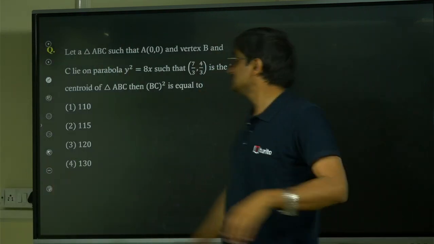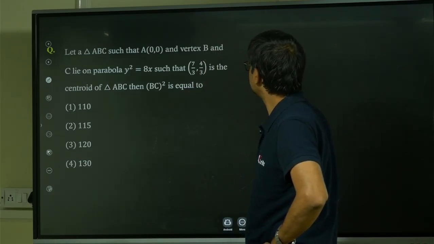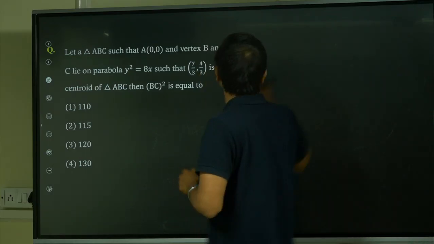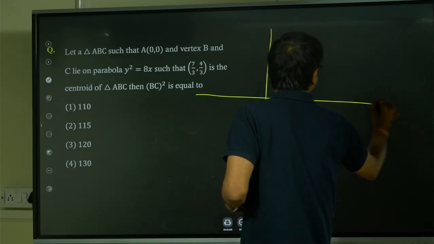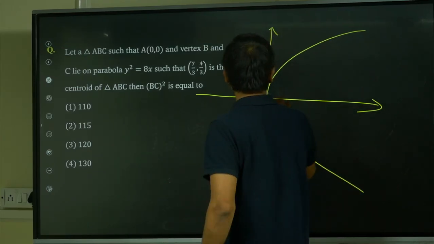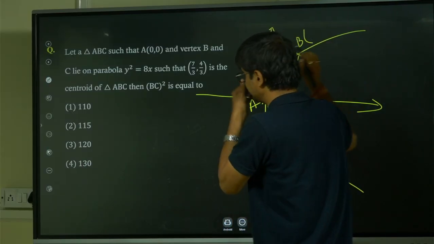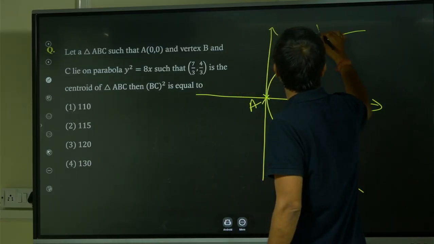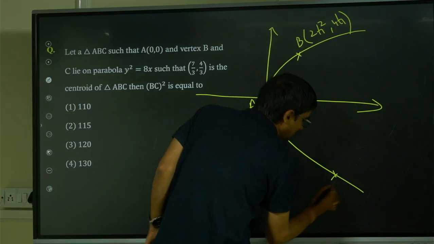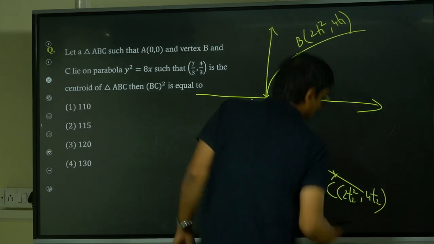In a triangle ABC such that A is at the origin, the vertices B and C lie on the parabola. So it's a horizontal right-opening parabola. Here we have A, let's say this is B, (2t1 square, 4t1), and let's say this is C, (2t2 square, 4t2). Fine.